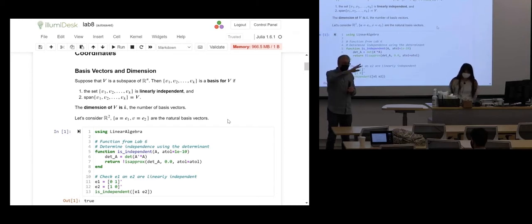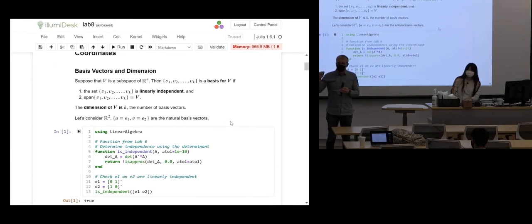Draw yourself a plane in R3 and try to get 3 independent vectors that lie in the plane. You'll find that you cannot do it. Now in R3, you can choose 3 independent vectors. Here's E1, E2, E3, but they don't lie in a plane. They generate all of R3.